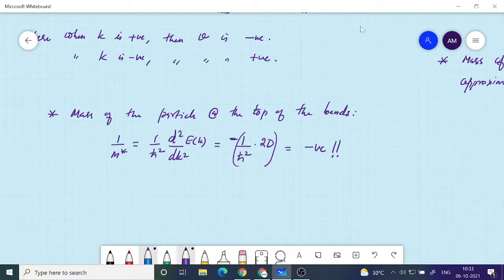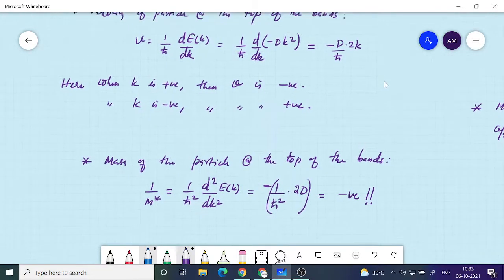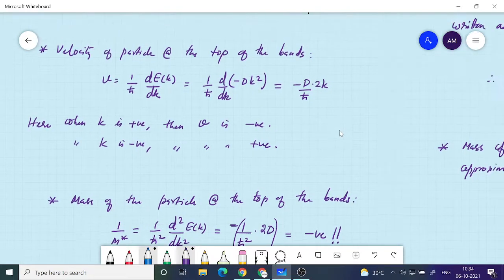Whereas at the top of the band, things are behaving very strangely. The velocity at the top of the band, if k is positive, velocity is negative; k is negative, velocity is positive, etc. And even more strange, the mass is going to be negative, and that's completely inconceivable.